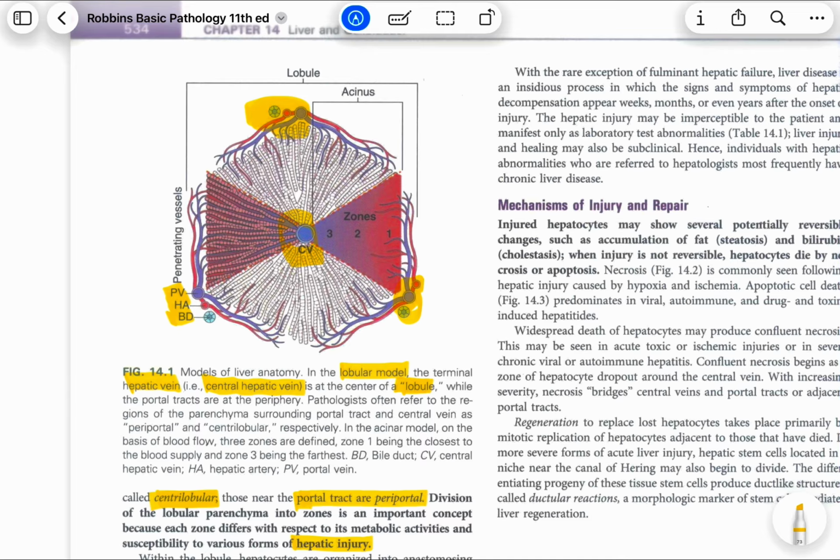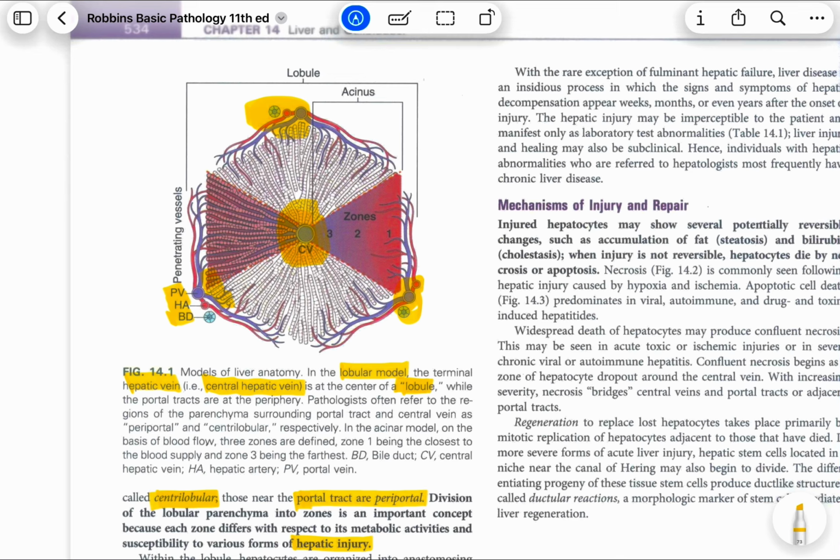Now, pathologists often refer to the regions of the parenchyma surrounding the portal tract and central vein as periportal and centrilobular. The region around this portal tract will be called periportal, whereas the region around this vein will be known as centrilobular.